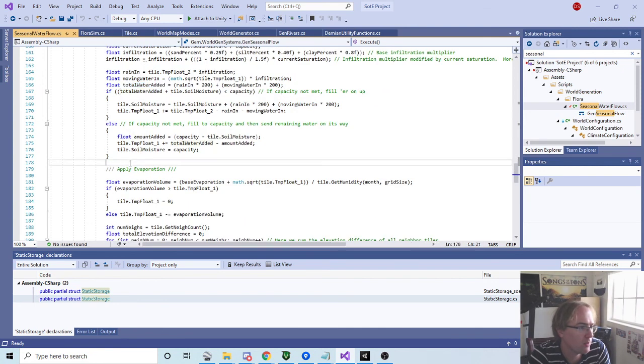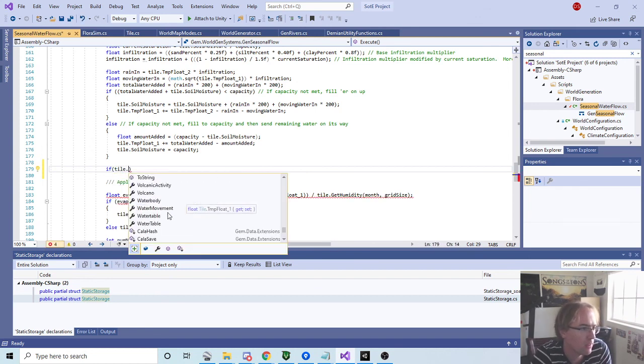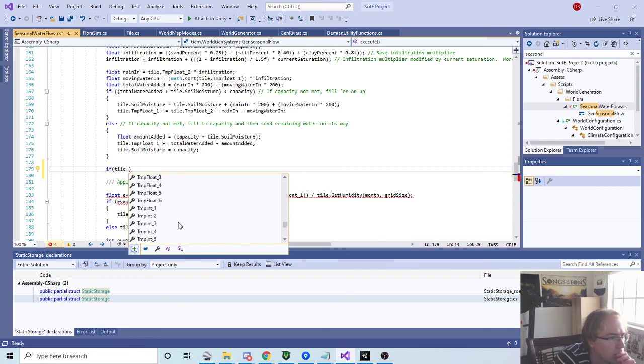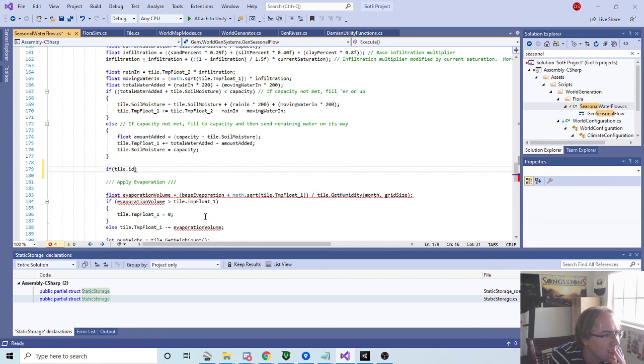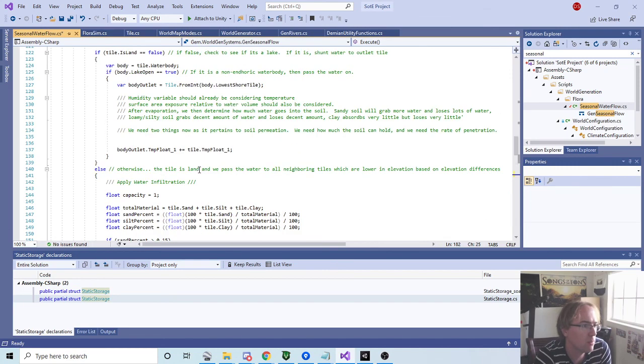Alright, let's do this. If tile dot not is land, ID equals 541401, then log the stuff.